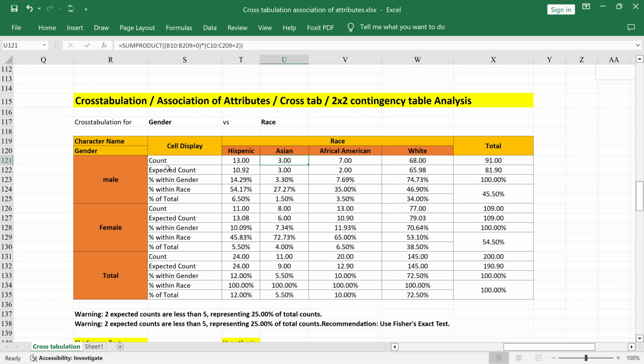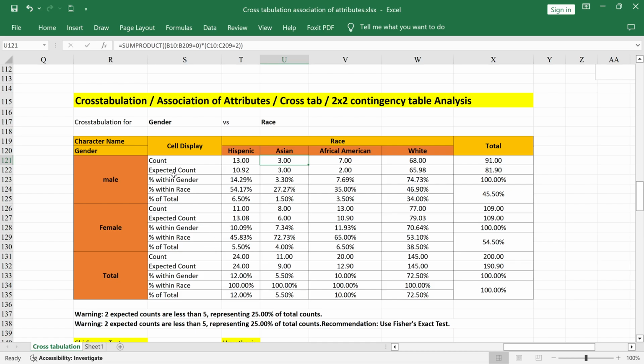You will get the number with the help of count. You can see here the count for male and the count for female. At the end you will get the total, meaning out of 200, 91 male students are there, and 109 female students are there in our data. On that basis we developed the cross tabulation to get more information from the data.